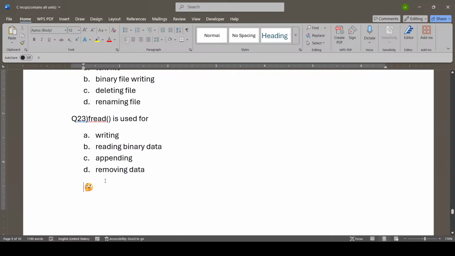Give me the answer to 23. It is just the opposite of fwrite, which we discussed.